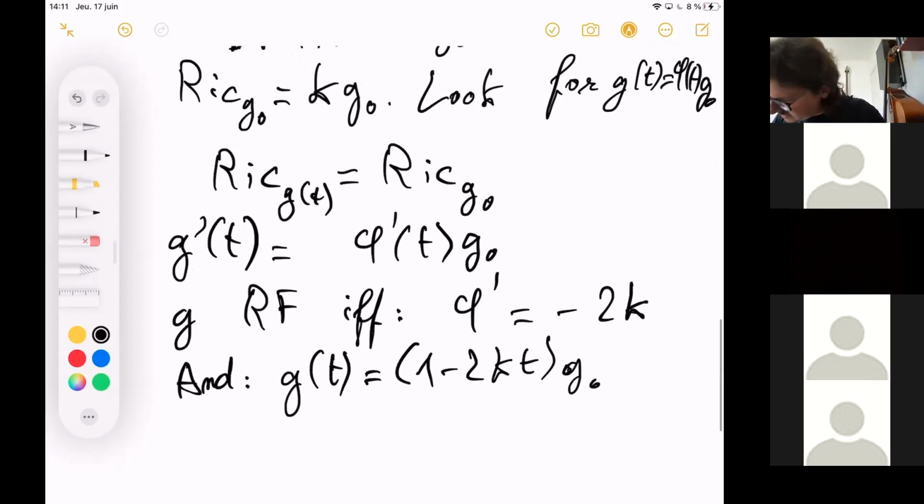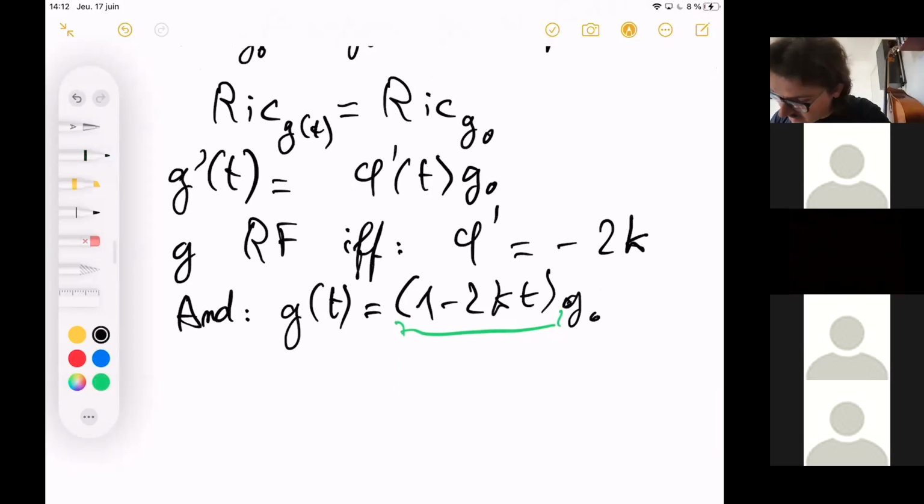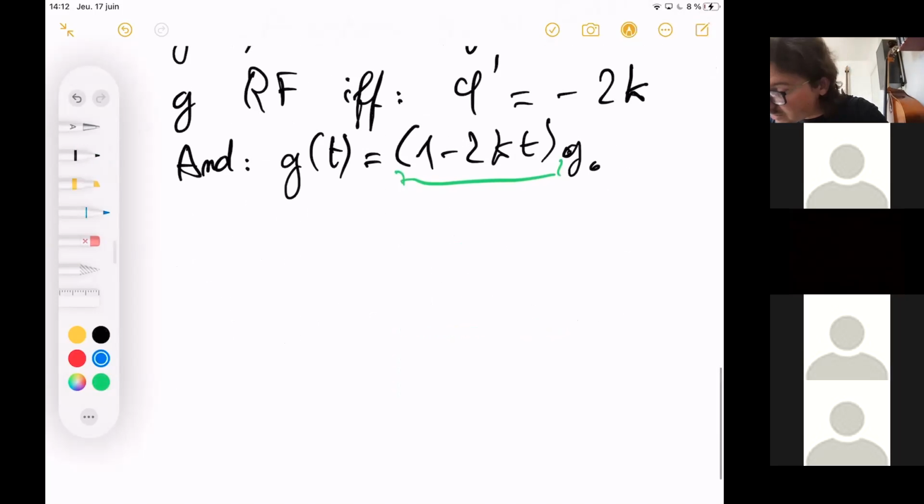So we are having some problem here, because when k is not enough, this coefficient can vanish, so we have some kind of collapsing, which will depend on the sign of k. So let's make pictures now. Assume k is positive.